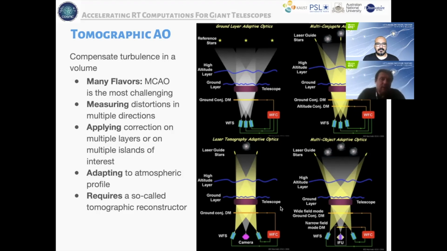What we are doing here is that we are measuring turbulence across multiple guide stars. So instead of a single wavefront sensor, we use multiple wavefront sensors at the same time. And combining the information from these different wavefront sensors, we are performing a reconstruction of the turbulence in a volume.